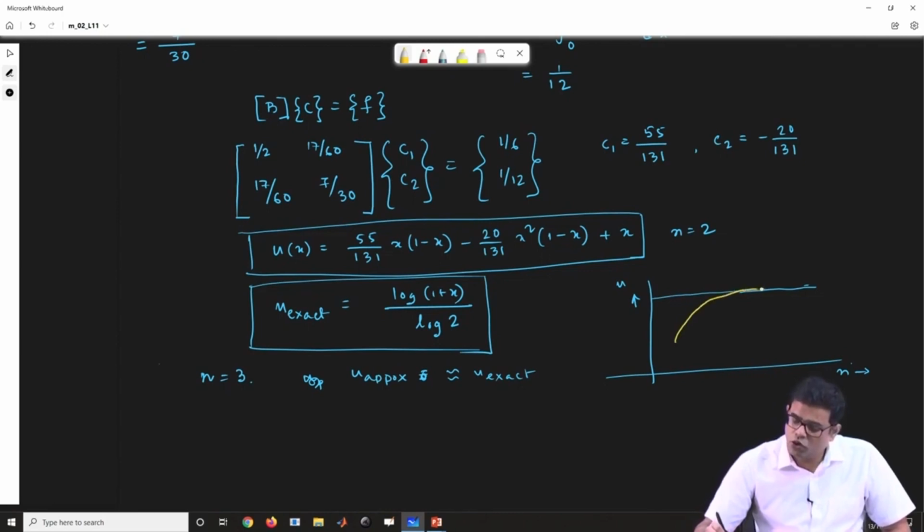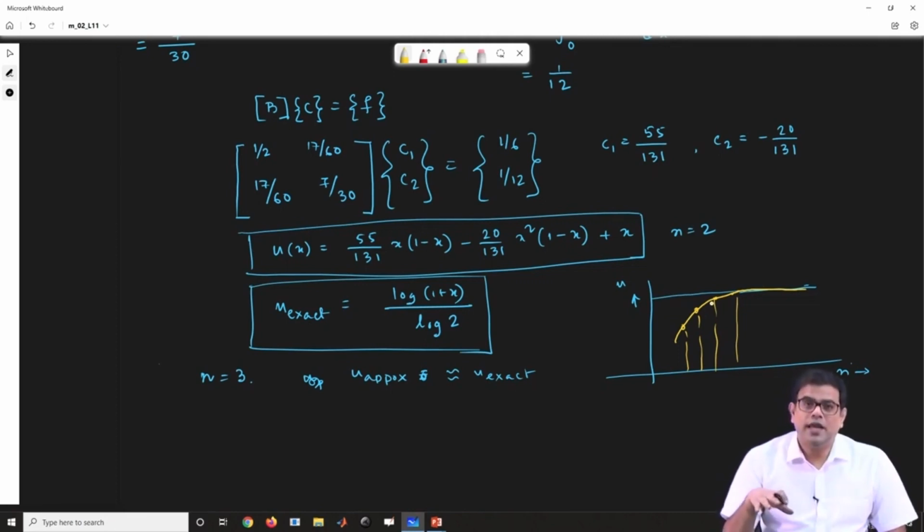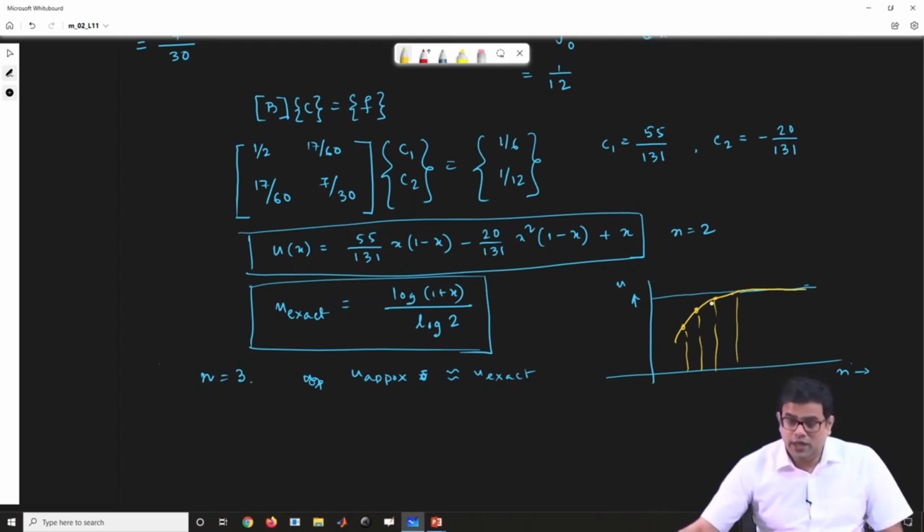Slowly it will go to this. So these are my different n solutions. This is known as the convergence. We'll come to that later again. The main idea here is that you change the order of approximation, that means the order of the polynomial, and then you are more closer to the exact solution.